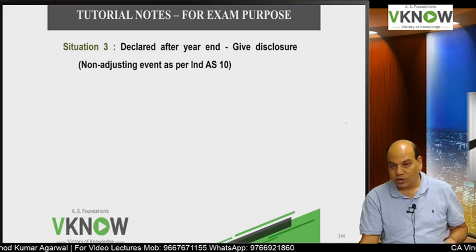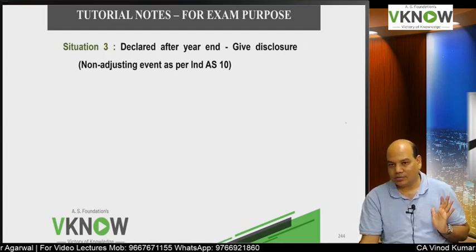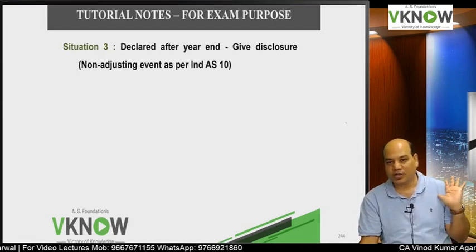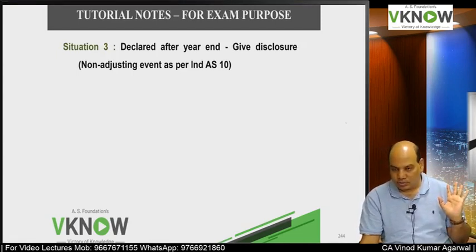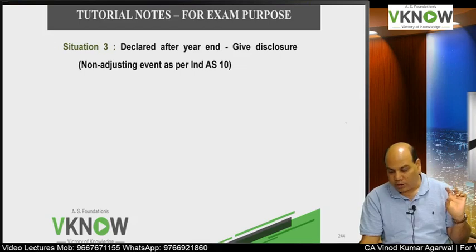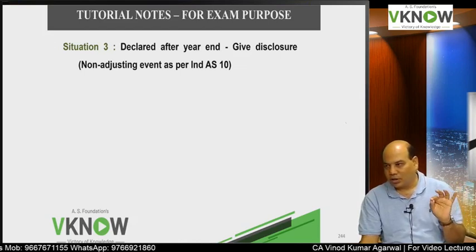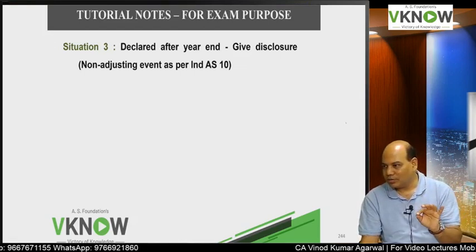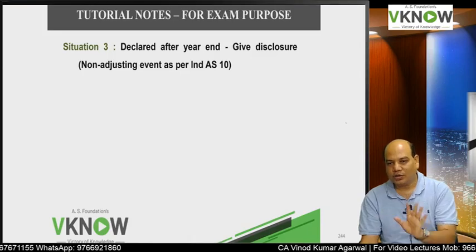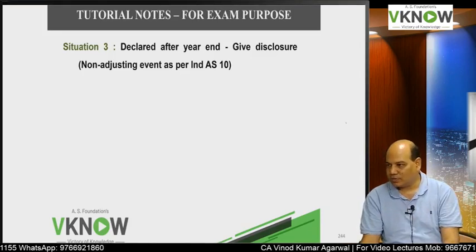Then situation 3, dividend is declared or proposed after the year end. It is a liability of next year. So in this year, I am going to give a disclosure that the company has either proposed or declared dividend at the rate of rupees say 3 per share or whatever.